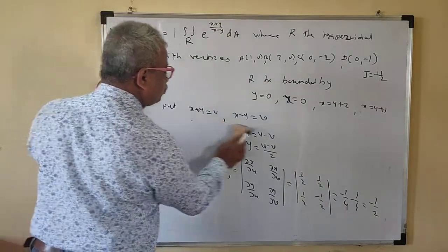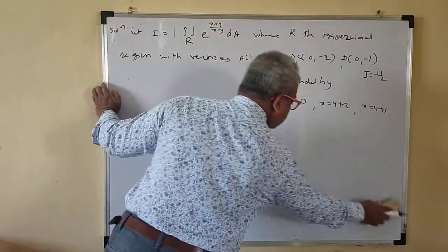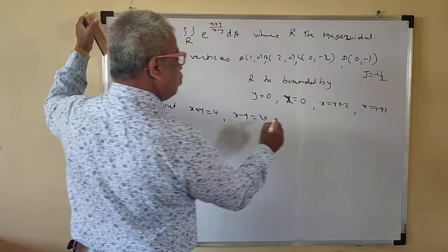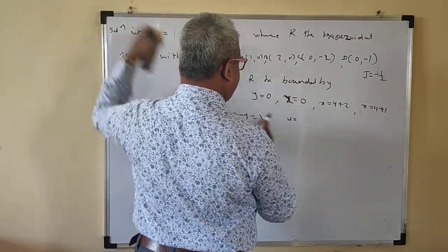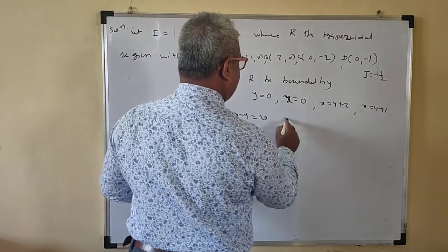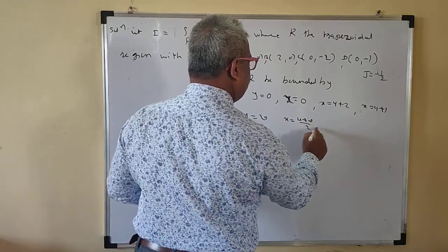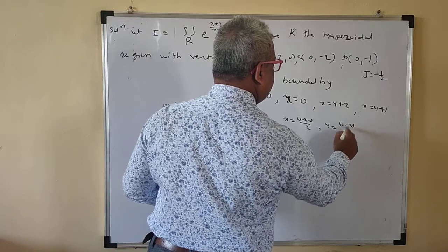So x is equal to u plus v upon 2, y is equal to u minus v upon 2.